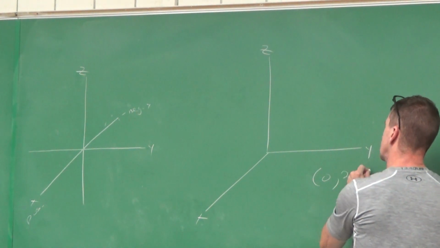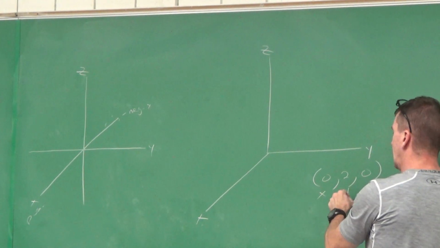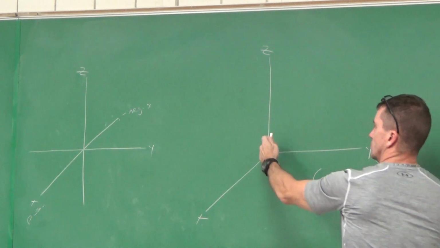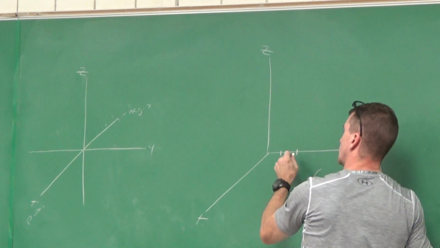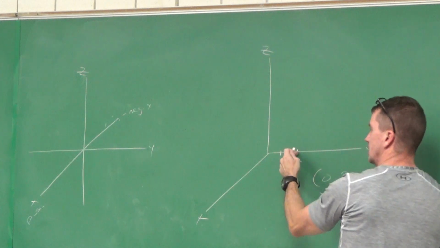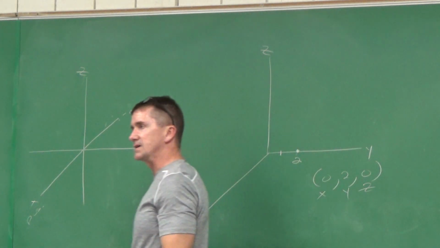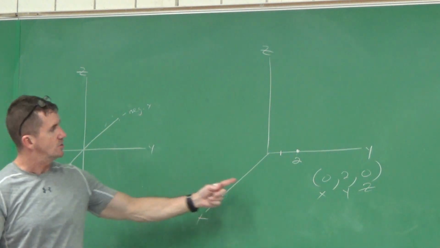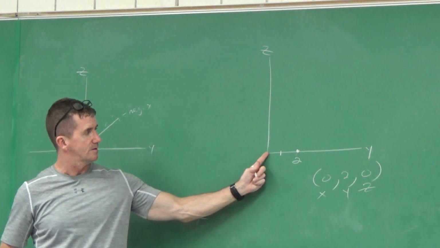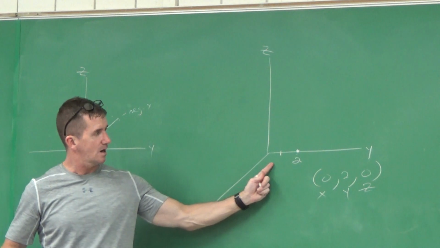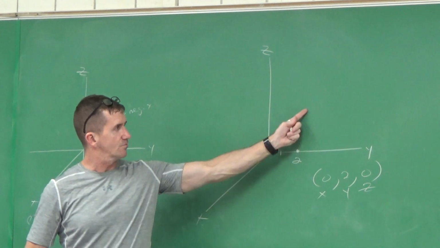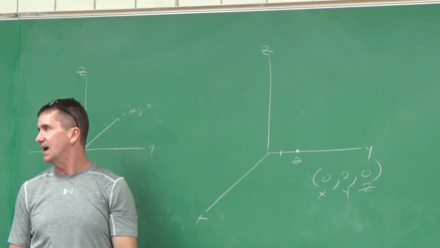0, 2, 0. This is the x, that's the y, and that's the z. Go 0 for x, go over 2 notches for y, and go 0 for z, and it'd be right on the y-axis, true? It does look weird when you do a 1, 2, 3, because you go 1, over 2, up 3, and it looks like you just have a dot on a piece of paper.